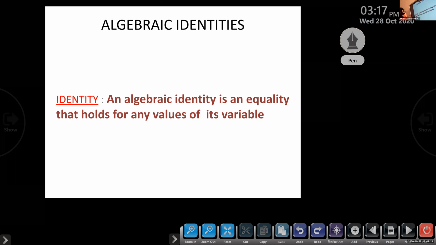Evelyn, Gobi, read. A plus b the whole square is equal to a square plus 2ab plus b square. Abhinav.